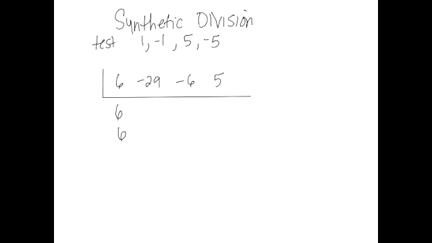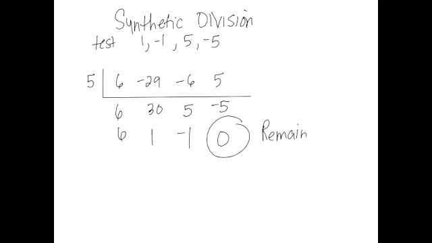And then if I put in down here a positive 5, then 5 times 6 is 30, add down. 1 times 5 is 5, add down. 5 times negative 1 is negative 5. Hooray, we get a 0. This is what we wanted. We wanted to have a remainder of 0.